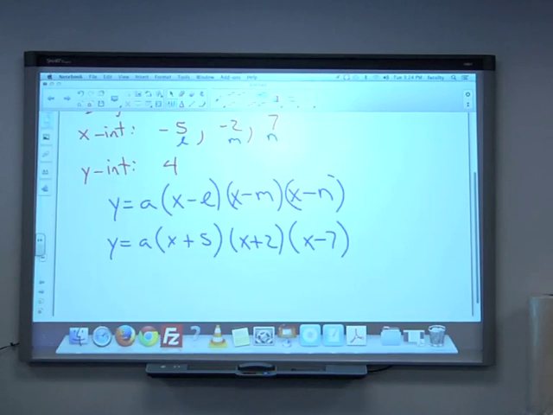All right. Now we need to find A. The way we find A is by making use of the y-intercept.